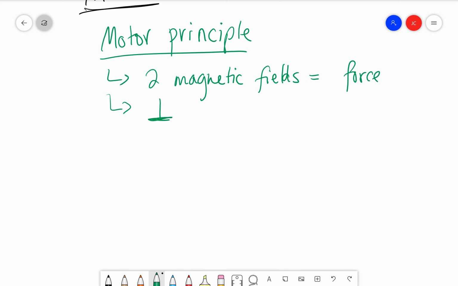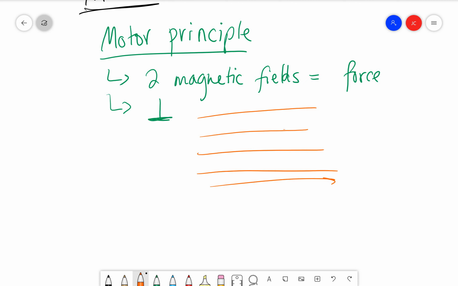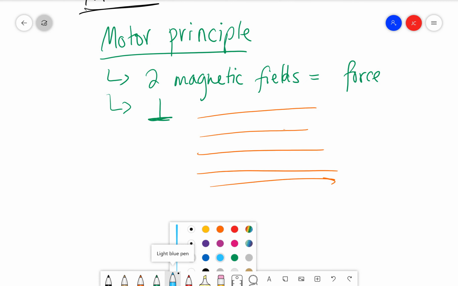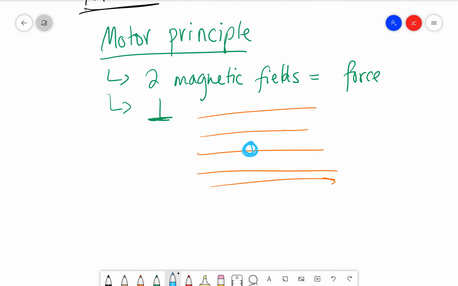So this is probably not super helpful without visualization. If the external field is going like this, and you have a conductor coming in like this, then the force will be in this direction or maybe that direction because that is perpendicular to both of them.